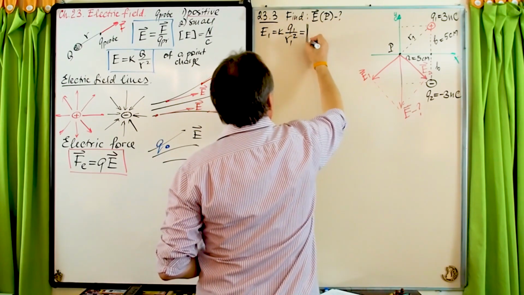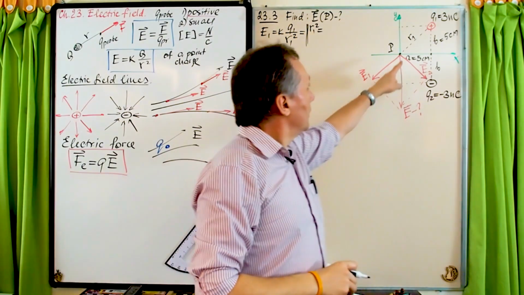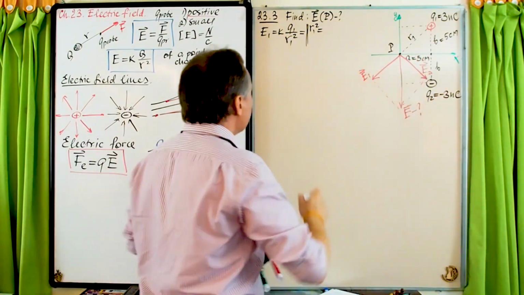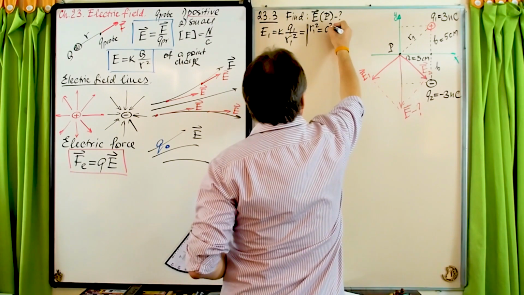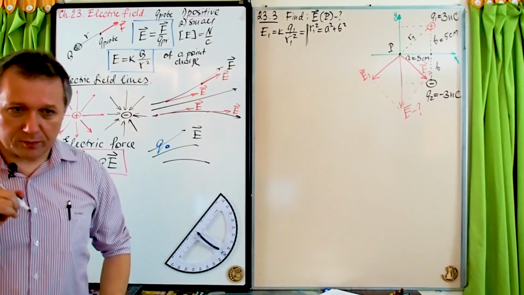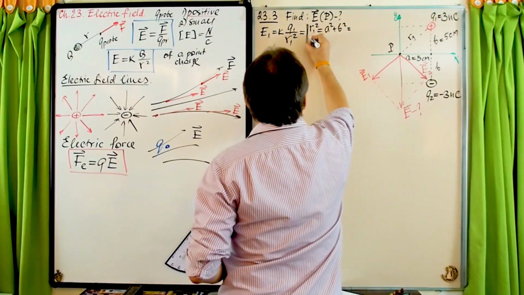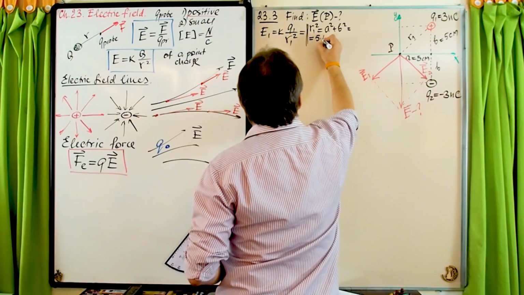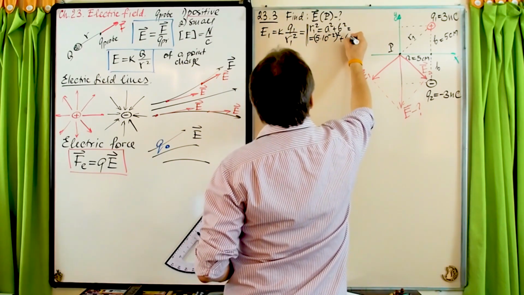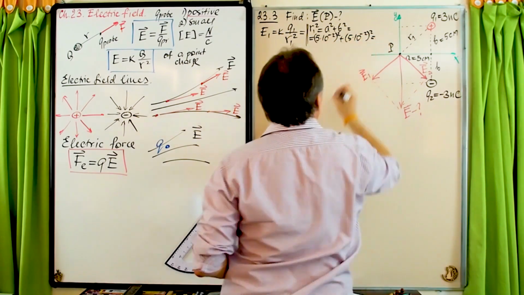Let me open my explanation box. R1 squared will be equal, right triangle, B squared plus A squared. A squared plus B squared. And of course, don't forget to convert to meters. Right? So it will be 5 times 10 to the power of minus 2 squared plus 5 times 10 to the power of minus 2 squared, right?